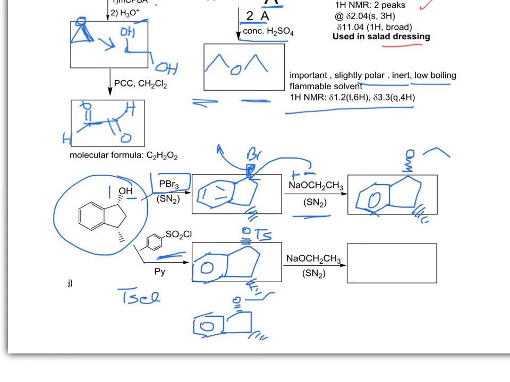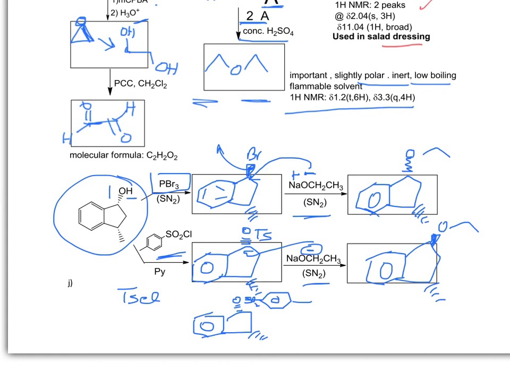But if somebody was interested in showing the whole thing, OSO2 and methyl, you can draw that. It's an SN2 here too, so dash line, this negative is going to attack from the front. So now you have the O ethyl on the solid line. So that's how you should solve it.